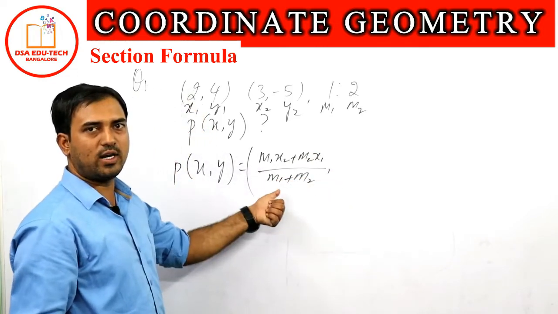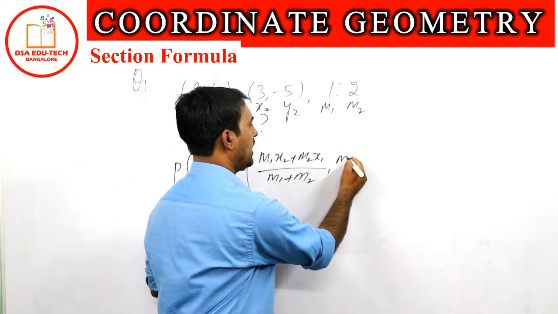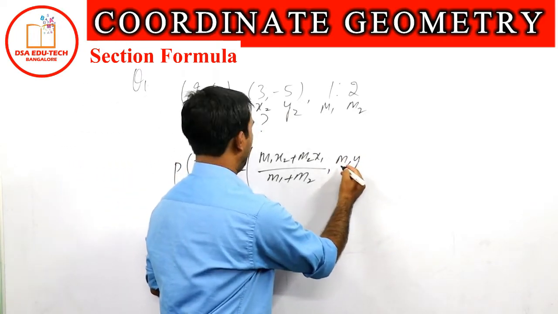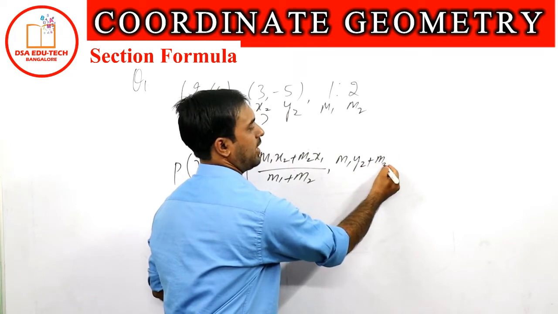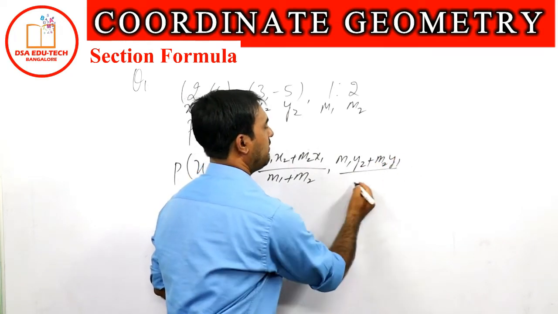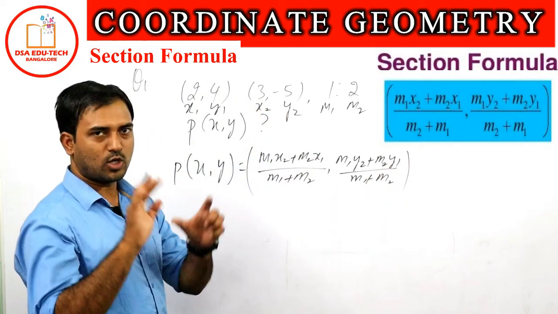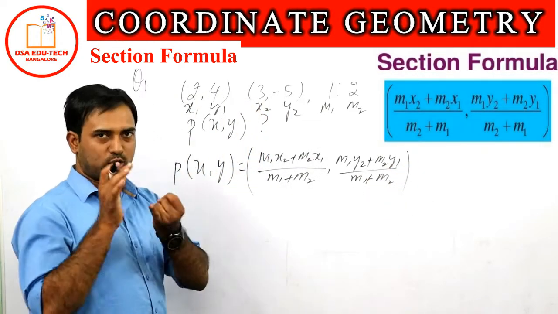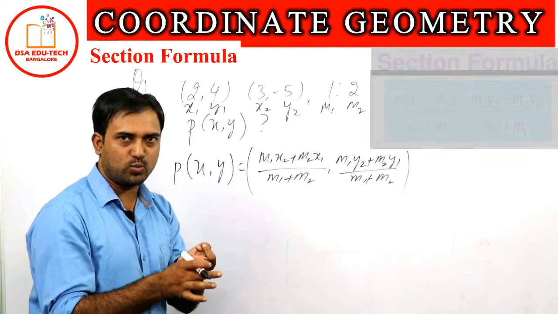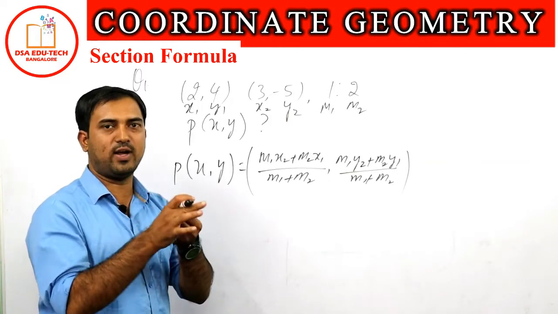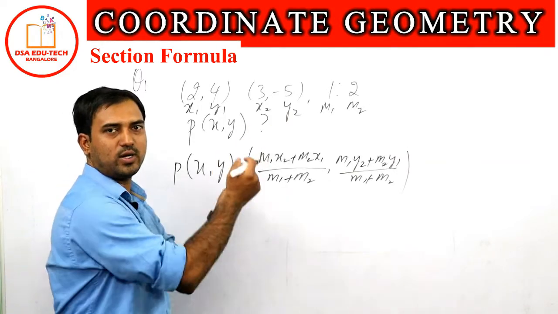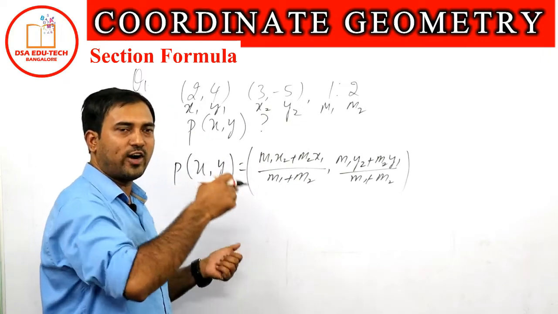This is the x coordinate, and the y coordinate is (m1 y2 plus m2 y1) divided by (m1 plus m2). Got the formula. We know m1, m2, x1, x2, y1, y2. We just need to replace them in the formula to find the coordinate.